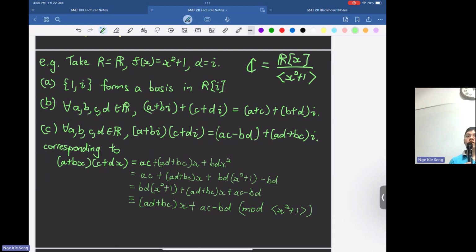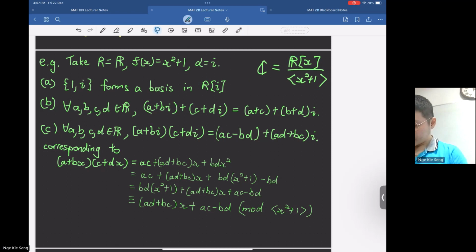Okay, because we cannot find the root of x squared plus 1 in the reals, because the root of this polynomial is square root of minus 1. It's not a real number. Okay, so we call this a new number, which is i.